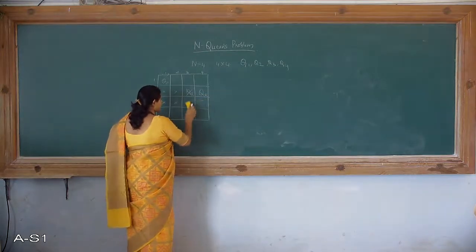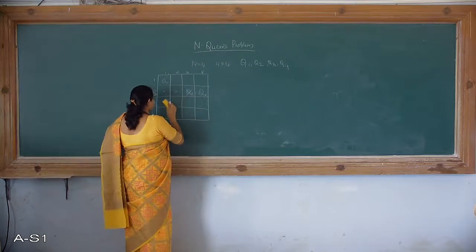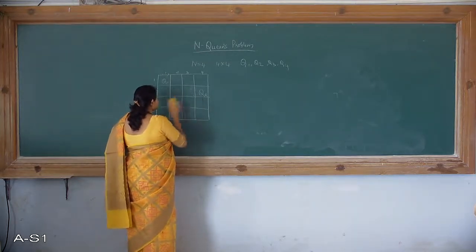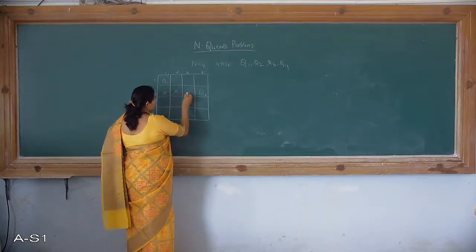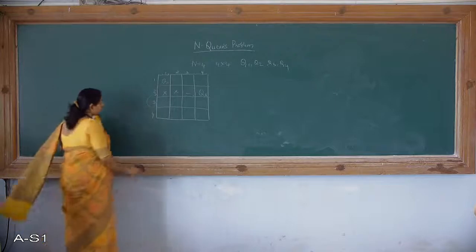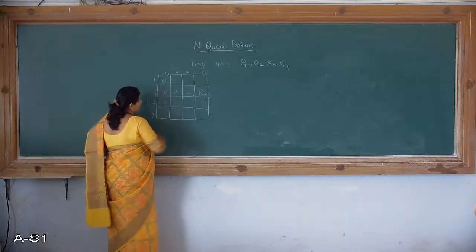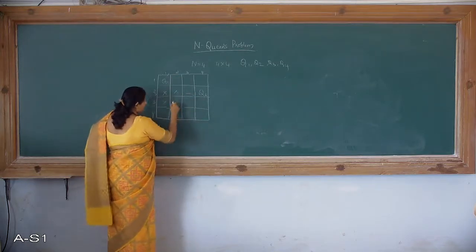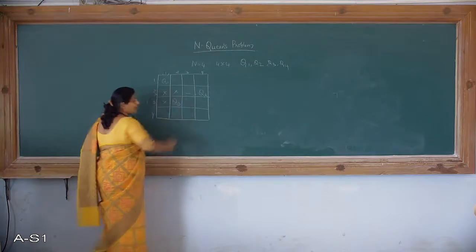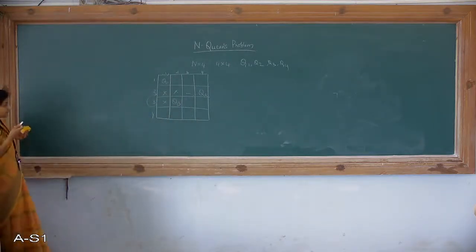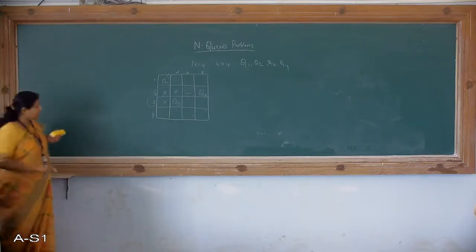Right, let us see now what will happen. This is not possible. Here I placed, no. Now here I cannot place because of this. Here can I place? Diagonally okay, there is no queen. So I can place my queen 3 in this particular position. Right. Okay.